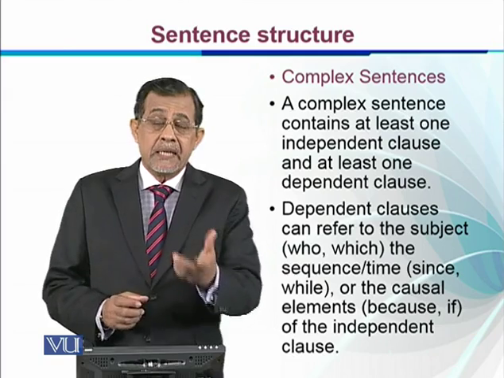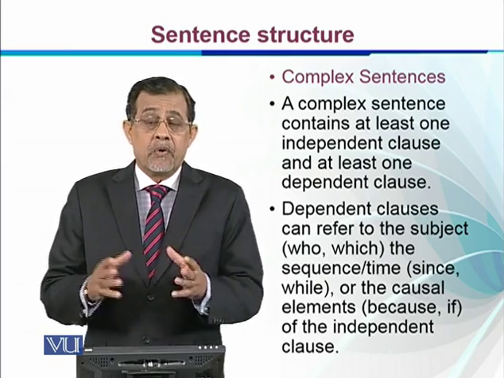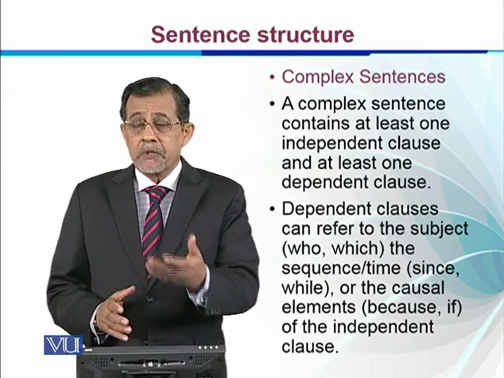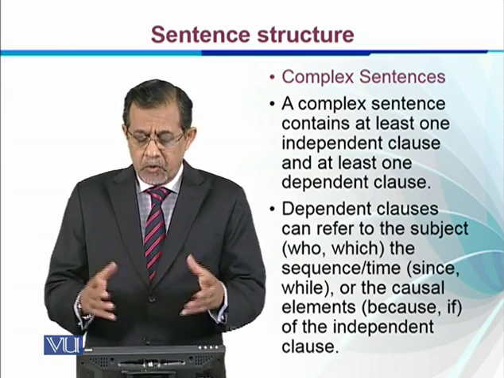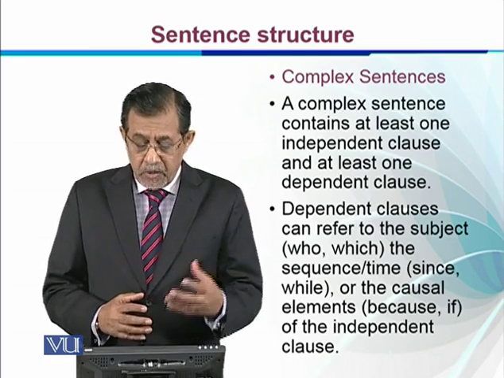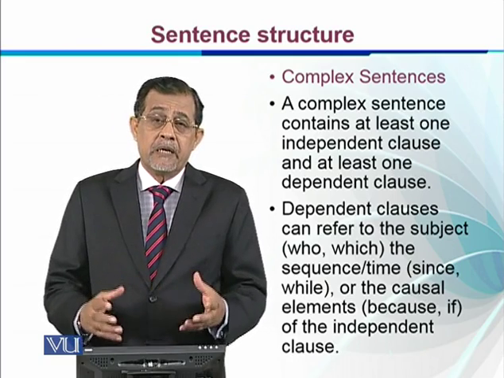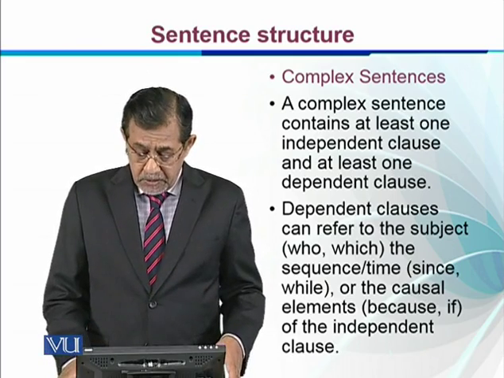So there can be an adjective clause on the subject or the noun, or an adverb clause of time, place, or manner, or another adverb clause giving cause, right? So there can be different types of dependent clauses.